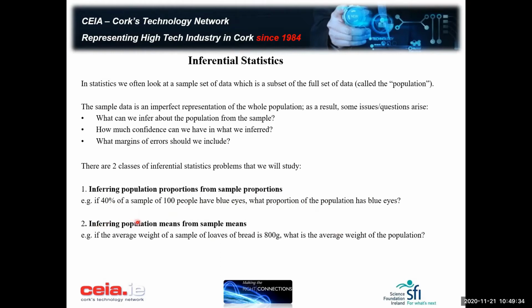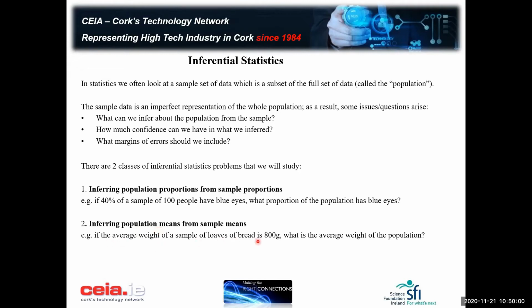The second class of problems is to infer population means from sample means. What that means is that if you take a sample and measure some average characteristic of that sample, how good a representation is that of the average of that same characteristic for the whole population?